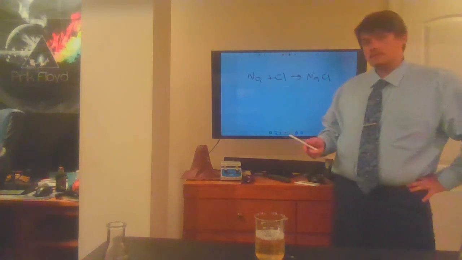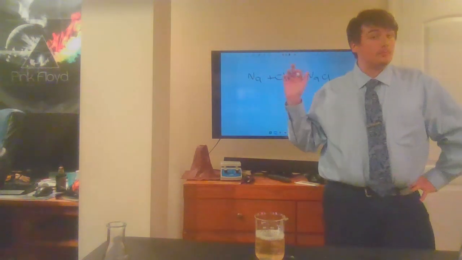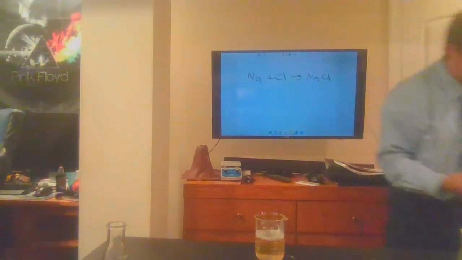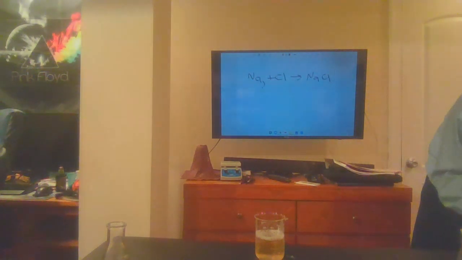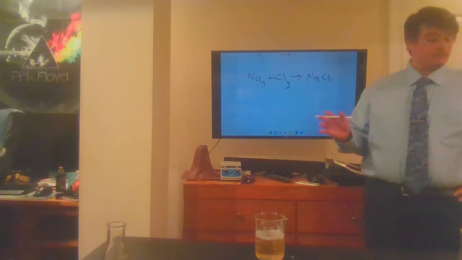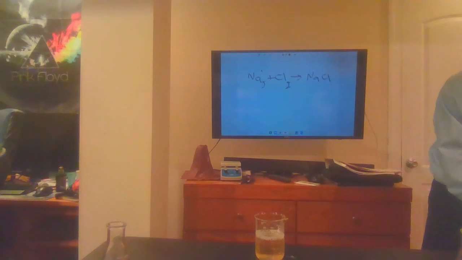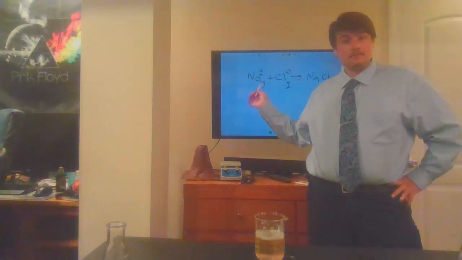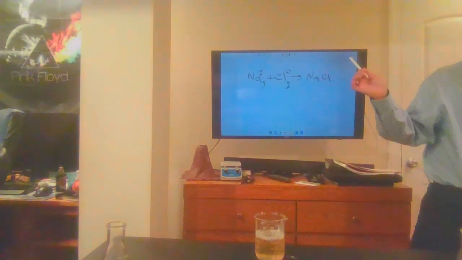Now, this isn't the same as the potassium reaction because we have two neutral molecules. Solid sodium, chlorine gas. So they're both neutral charges of 0. But that's not the case in sodium chloride.